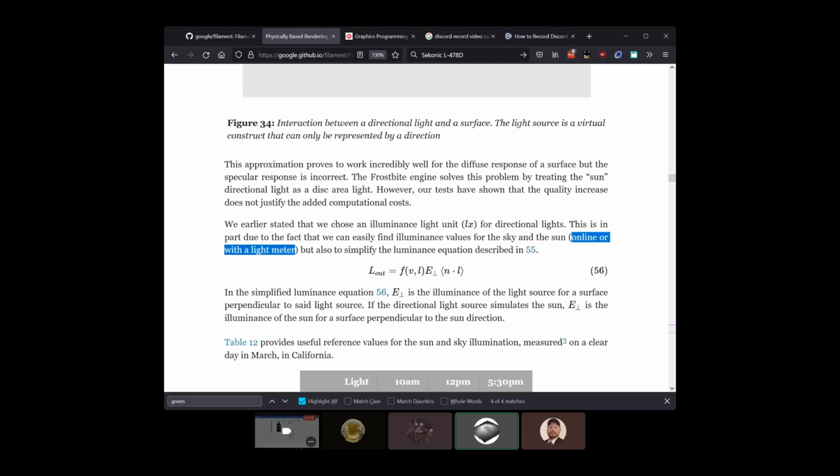They just go outside and look at the sun with their light meter and go, ah, this is how bright it is. The hard part is going outside.